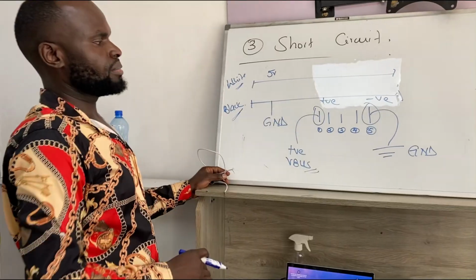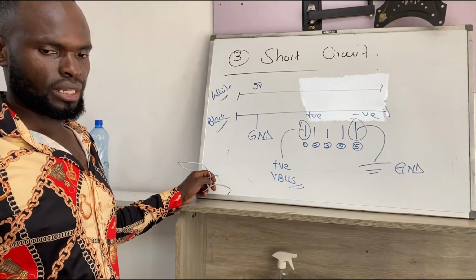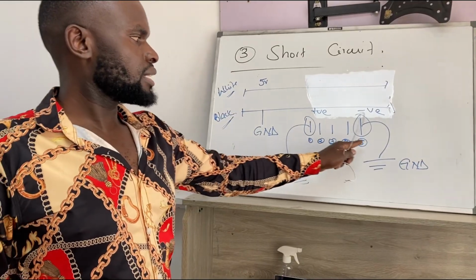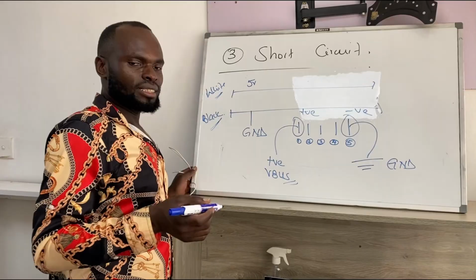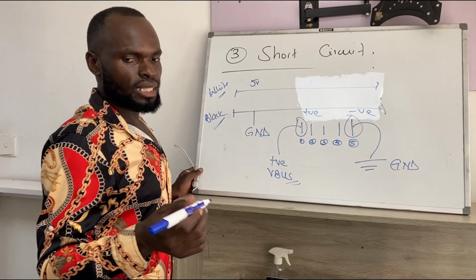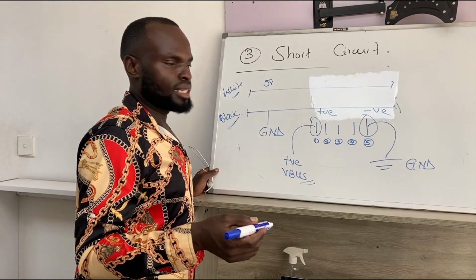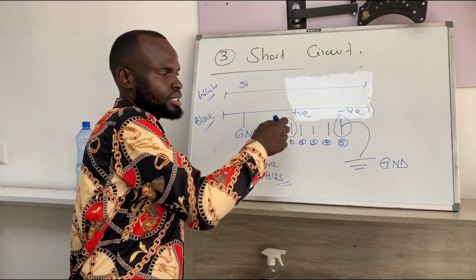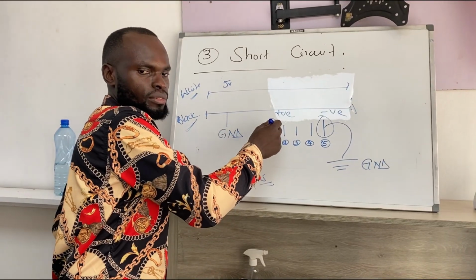Not to go too deep. So this one is the positive side, this one is the negative side of the charging port. If this is the positive, this is the negative, and you are replacing this charging port, then by mistake you put excess soldering wire or tin. Soldering wire is the one that you'll use to bond this charging port to the motherboard, to the board itself or to the subboard.